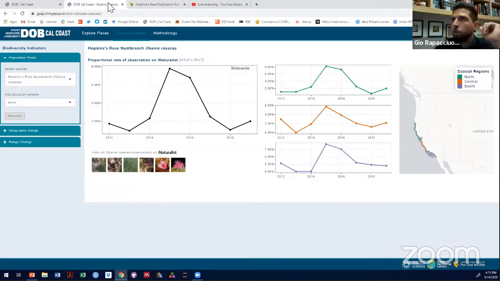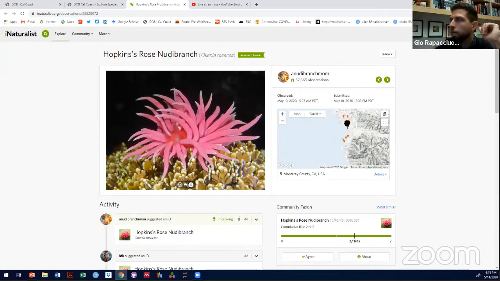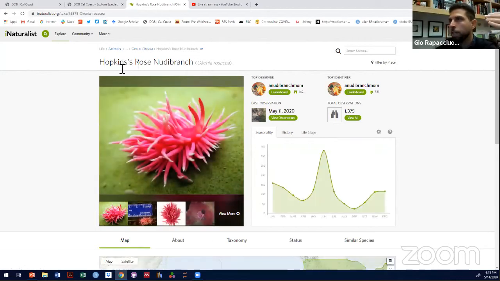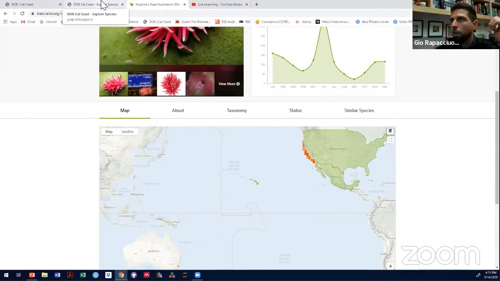And you can click on one of those, and this will take you to iNaturalist and have a look at exactly what this observation was and where it was taken, and then just navigate the beautiful interface that is iNaturalist if you want to find out more about Oceania specifically and all the functionality that iNaturalist provides.